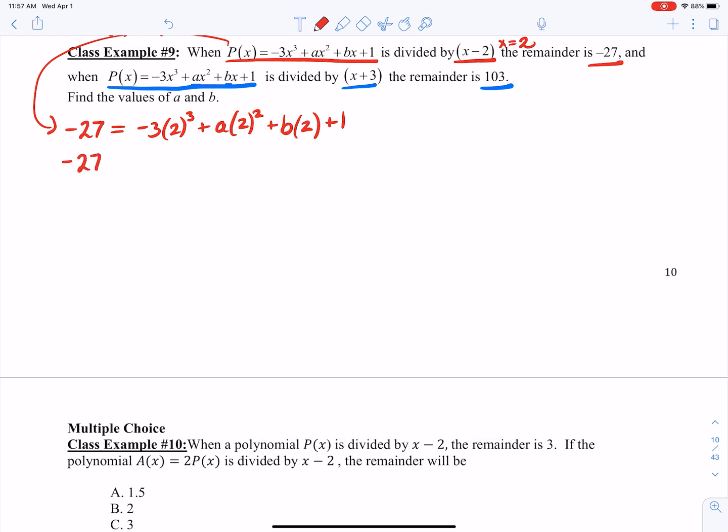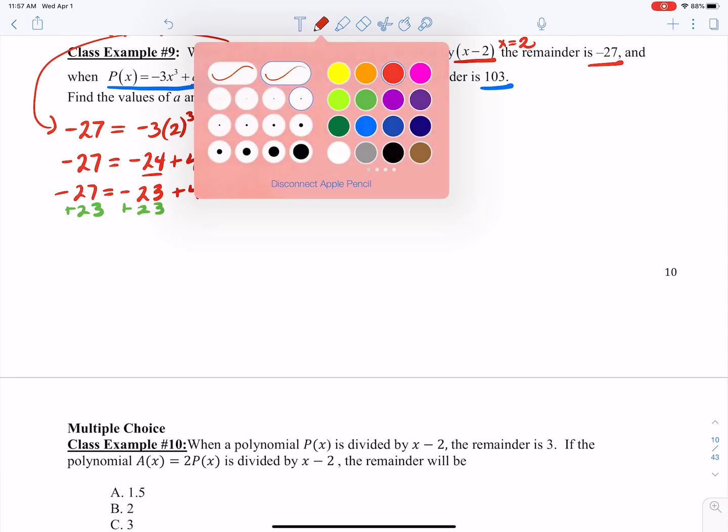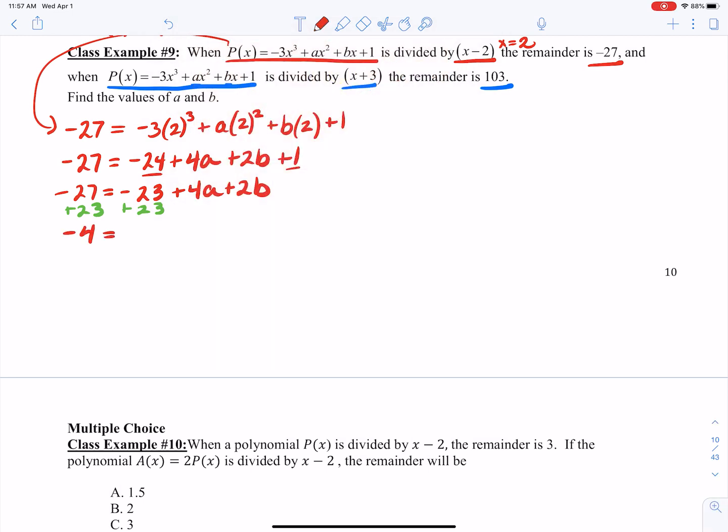So I've got negative 27 is equal to negative 24 plus 4a plus 2b plus 1. And I'm just going to gather my like terms over here, and simplify it a little bit further by just adding 23 to both sides. And I end up with negative 4 is equal to 4a plus 2b.